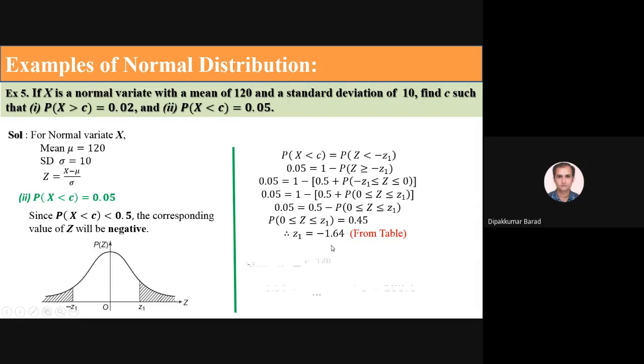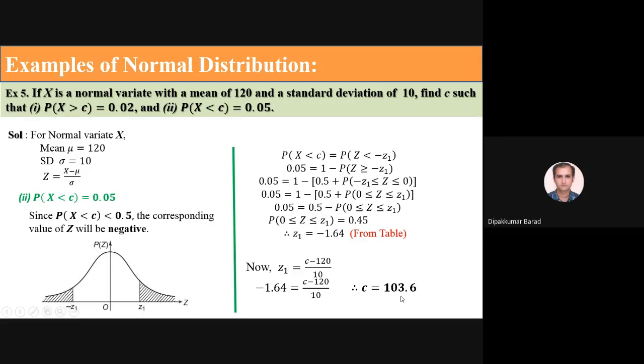Now z1 is equal to (c minus 120) upon 10. Here z1 is the standard normal variate. So minus 1.64 equals (c minus 120) upon 10, and after simplification I get c equal to 103.6.